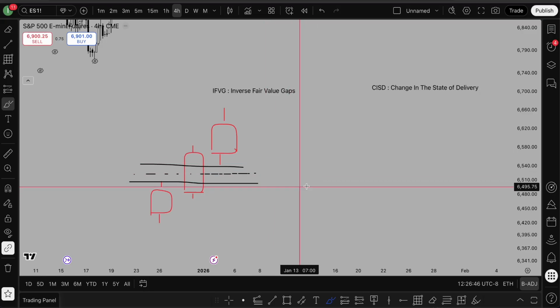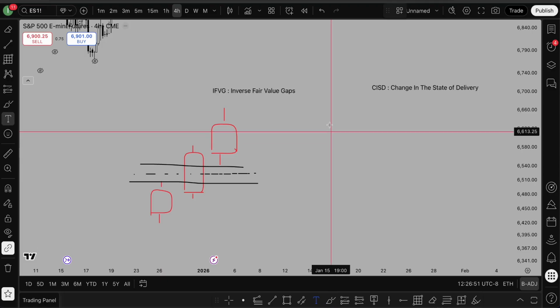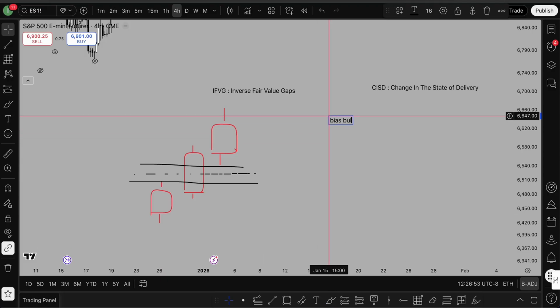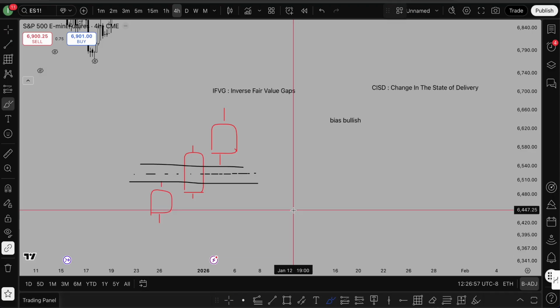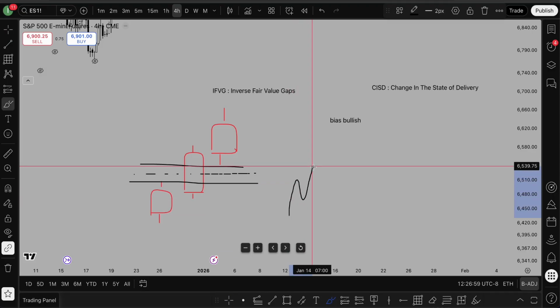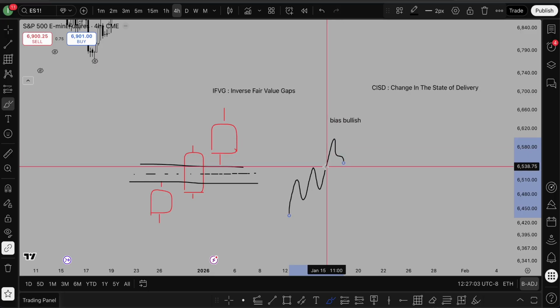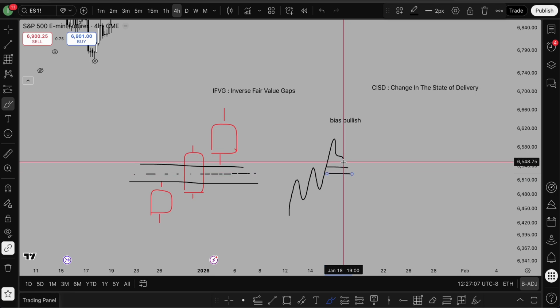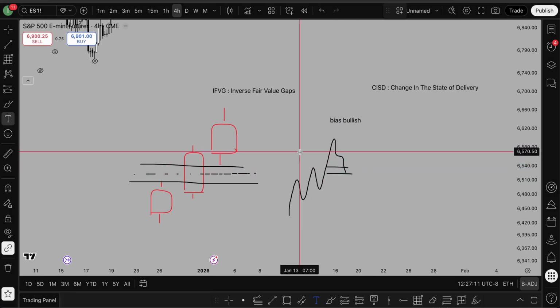Okay, so let's say, for example, I had a bias of being, I don't know, let's say bullish. Okay, in this case, let's say we were trending bullish. Okay, and now we're trending lower, right? And let's say that we respected our FVG along the way.